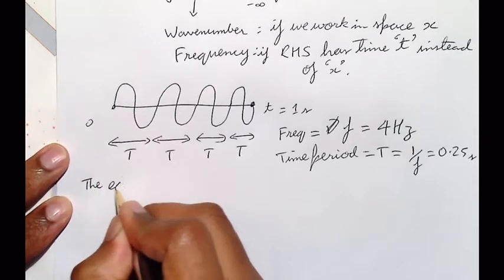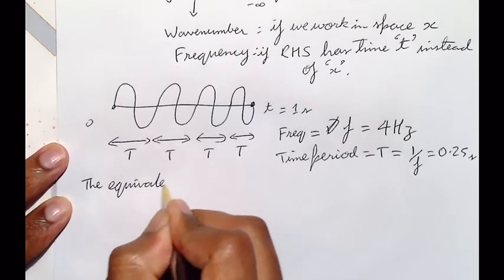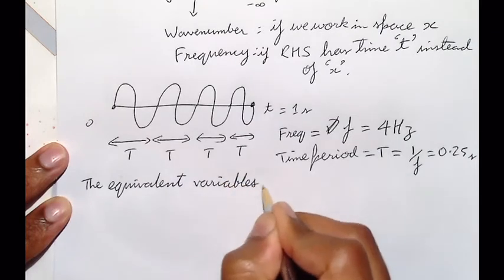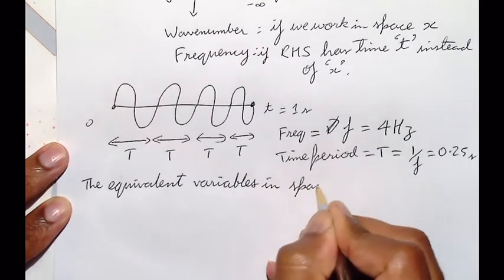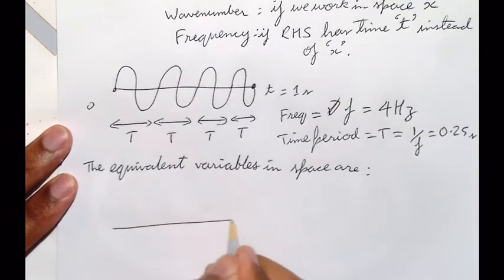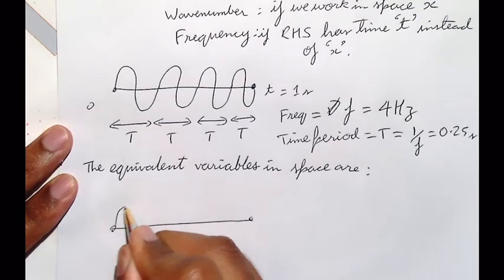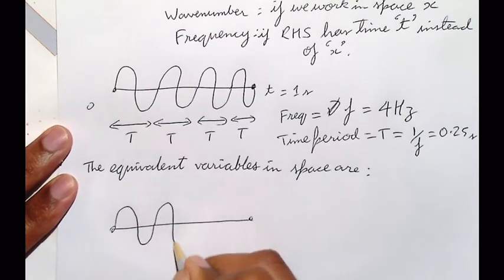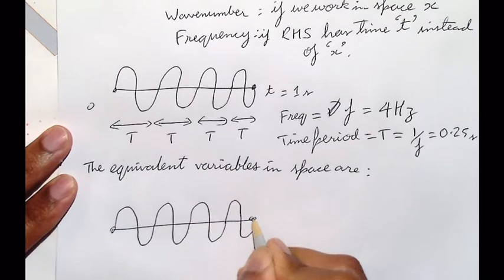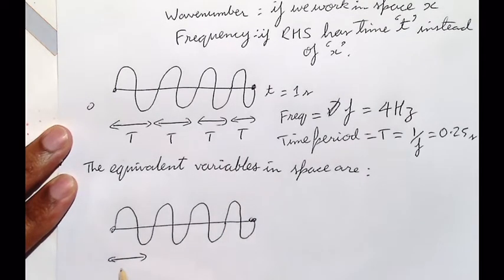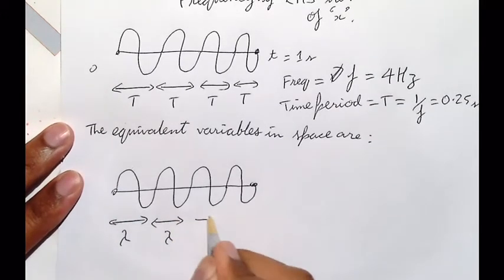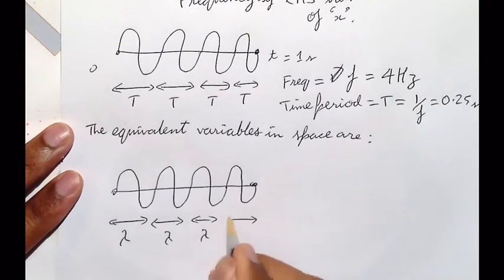The equivalent variables in space: one, two, three, four. Okay, this is one wavelength, second wavelength, third and fourth.